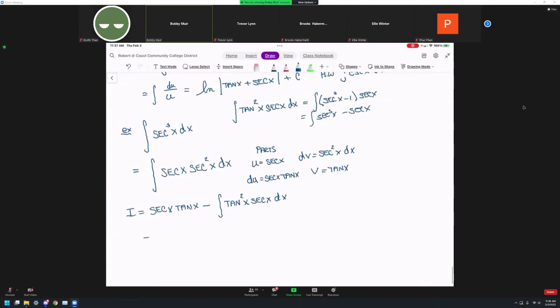So this is going to lead to secant x times tan x minus the integral of secant cubed x minus secant x.